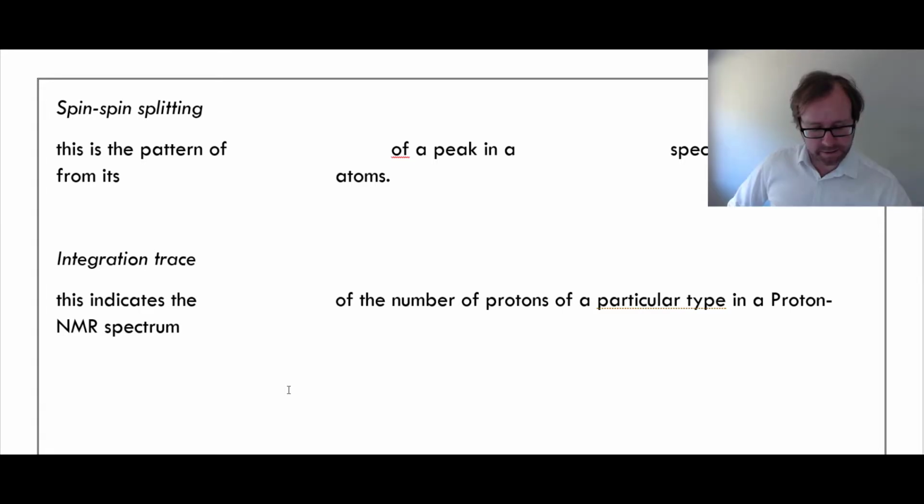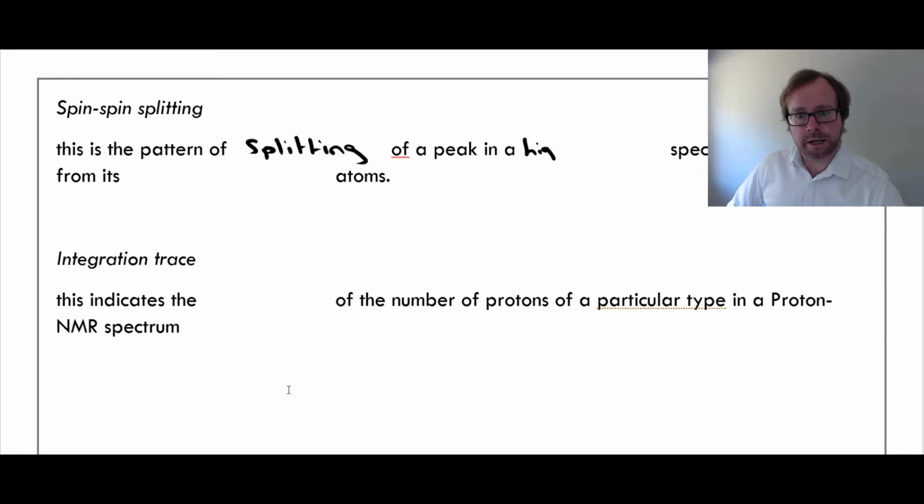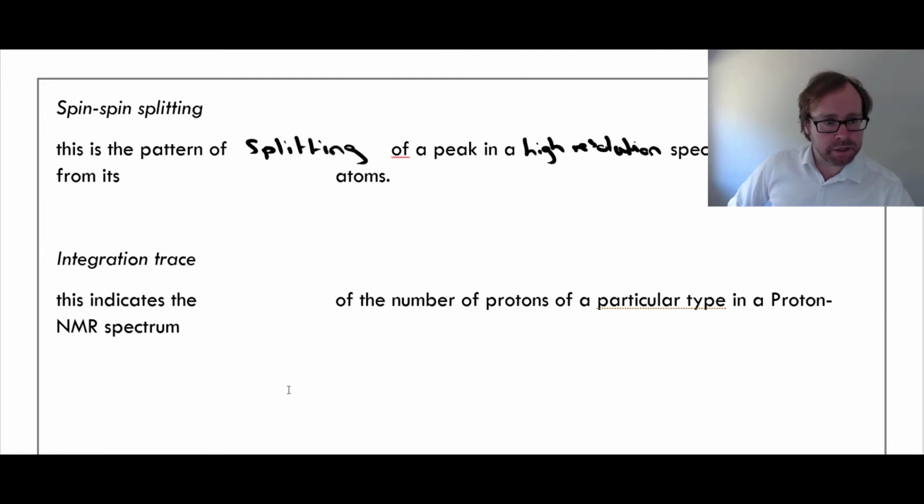This is the pattern of splitting of a peak in a high resolution spectrum, resulting from its neighbouring atoms. Okay, that's it. I'm not saying anything else.